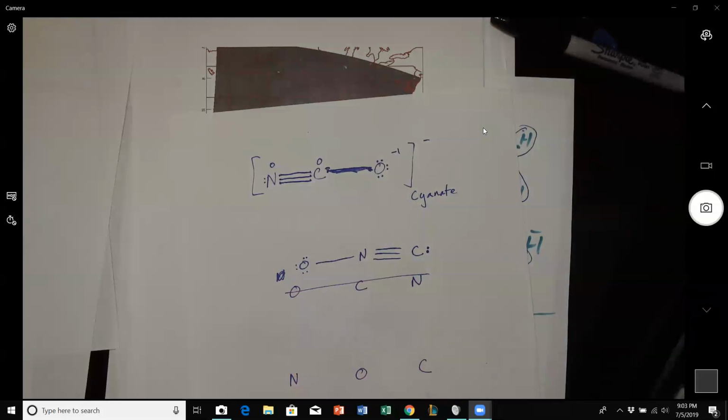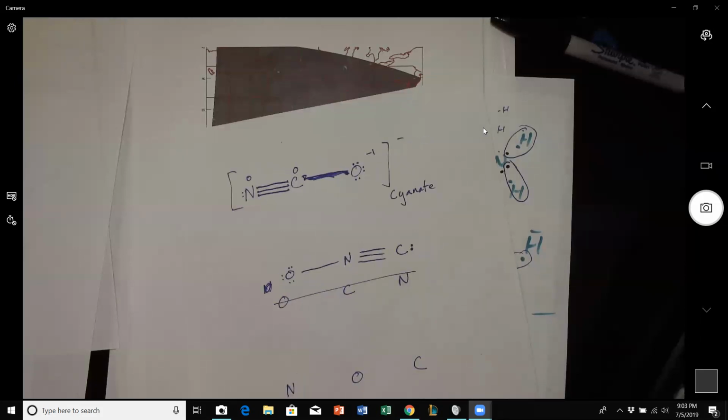How do you derive these things? I would just mess around until you have a solution that fulfills the octet rule. And just make sure to add the right amount of electrons, okay? So you can always confirm your answers by summing up the formal charges and making sure that adds up to the total charge of the molecule.